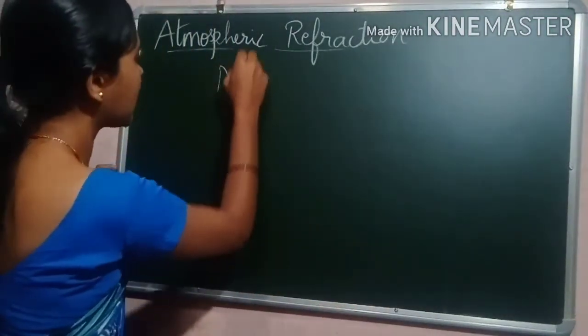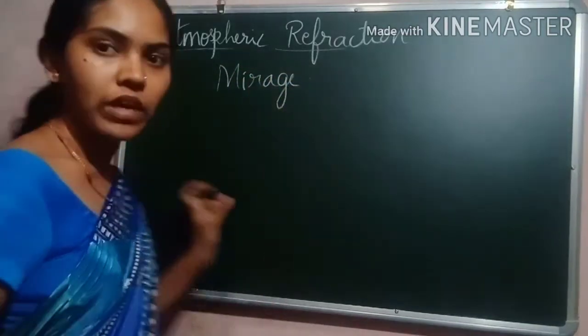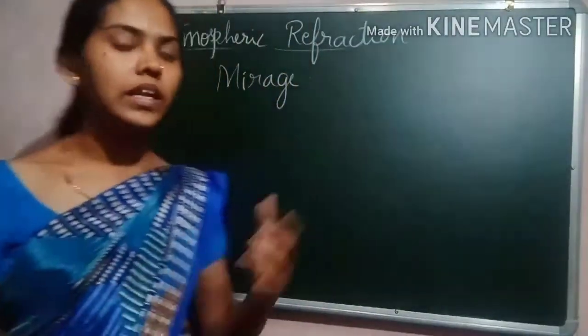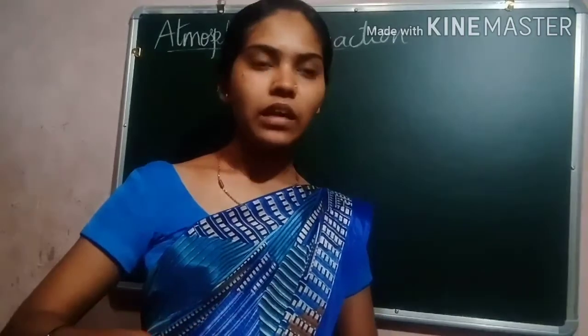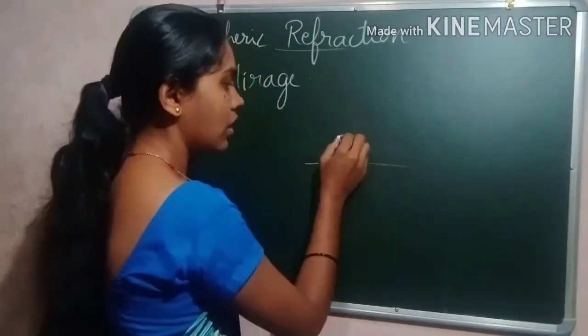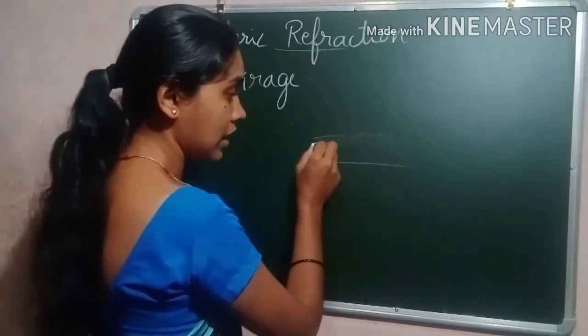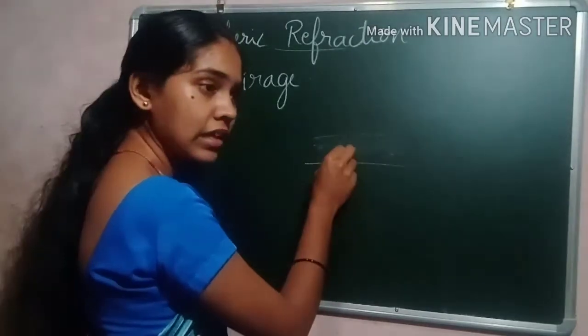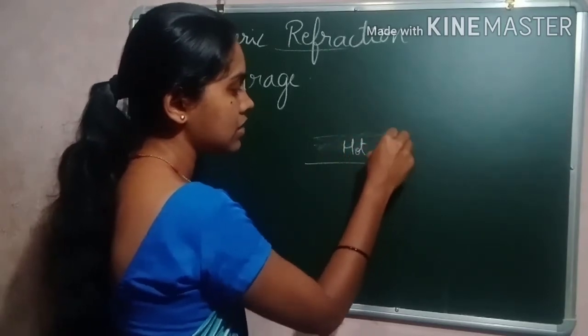What do you mean by mirage? Mirage formation you can see during a sunny day, when the day is very hot. What happens during the sunny day? If you consider this as a road, the air in the lower level is hot air.